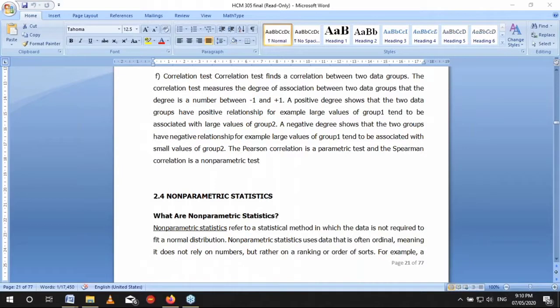Number 7, attitude of government and society. And the last one, unattractive working conditions. So those are the problems of research in developing countries.